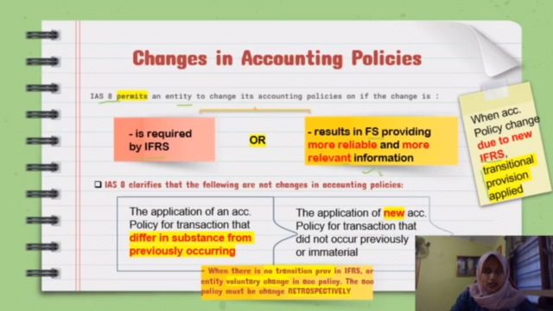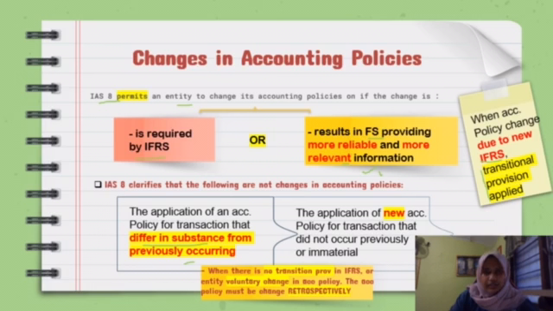There are conditions where it is not a change in accounting policies. IAS 8 already clarifies two conditions. Firstly, the application of an accounting policy for a transaction that is different in substance from those previously occurring. This means it has never occurred before. This is the first time.